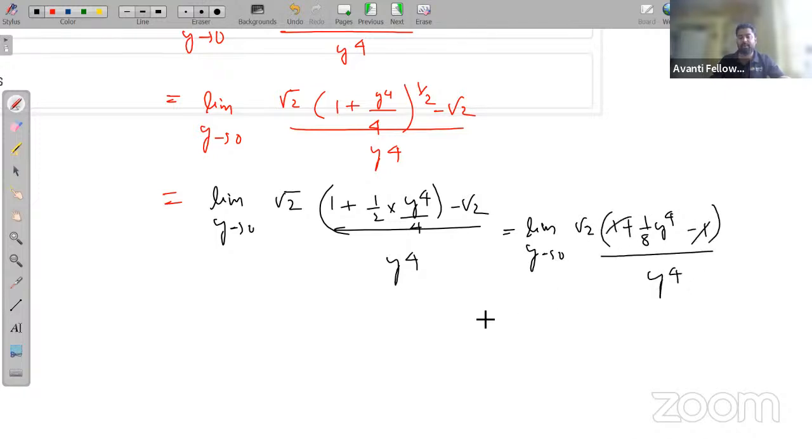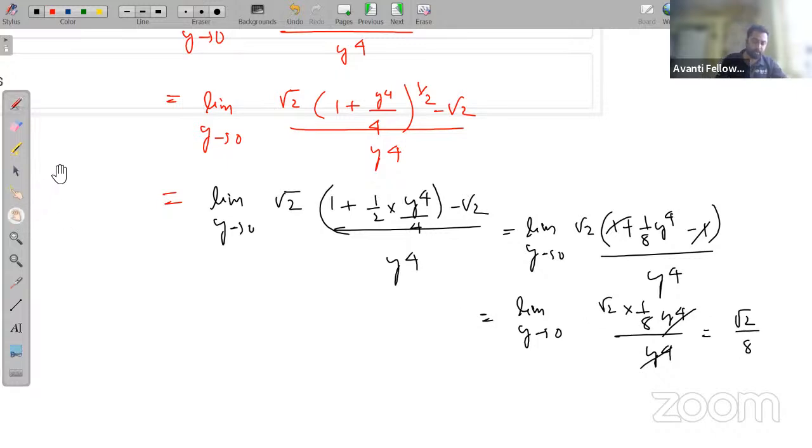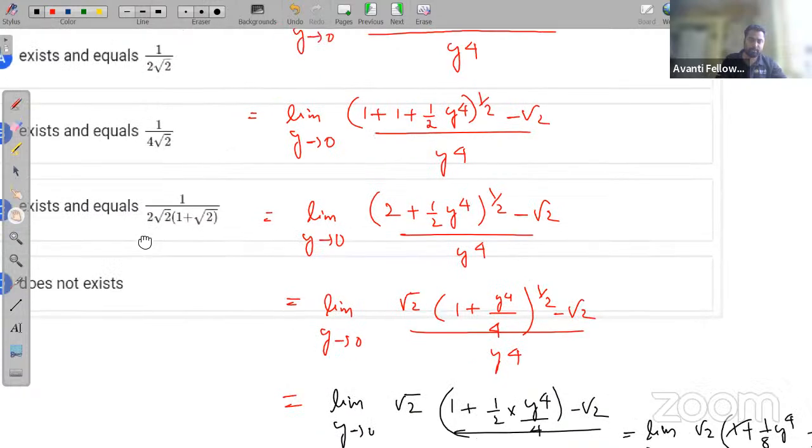So 1 will be cancelled out. This becomes the limit as y tends to 0 of root 2 into 1 by 8 y to the power 4 upon y to the power 4. So y to the power 4 cancels out. So finally we have root 2 upon 8. So what is the answer? It is root 2 upon 8.